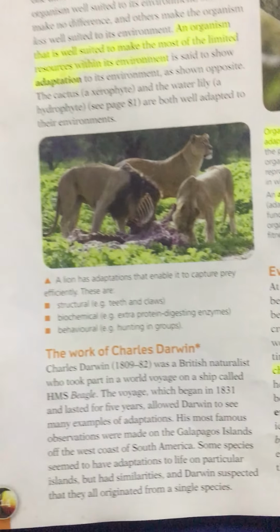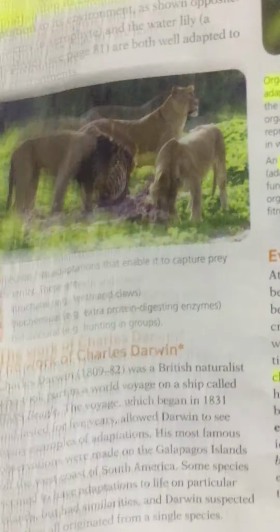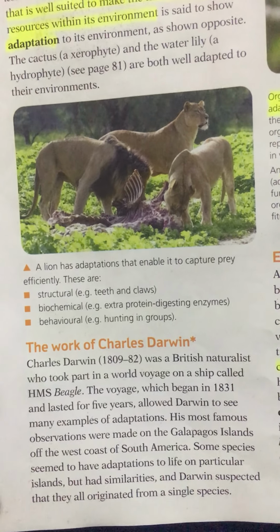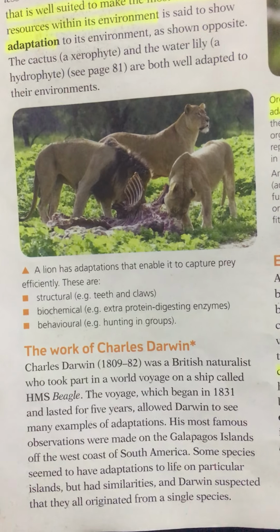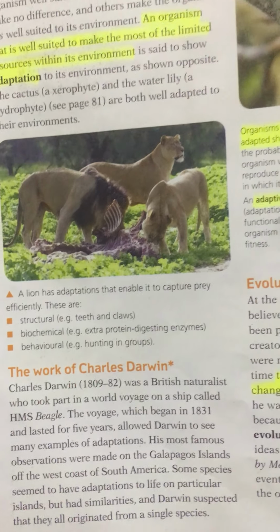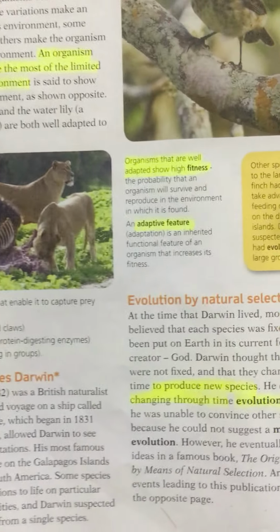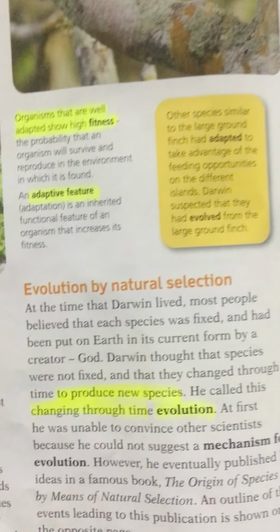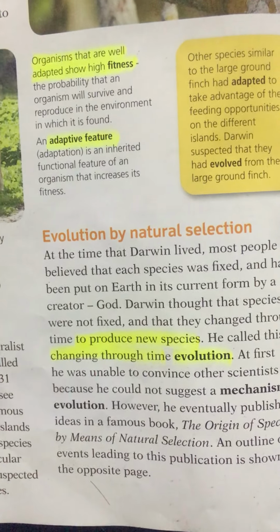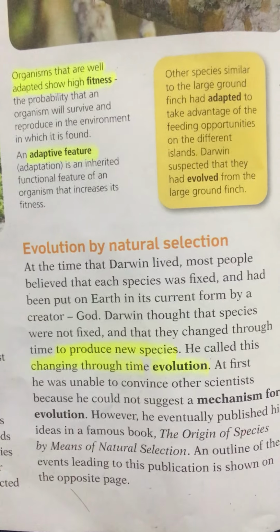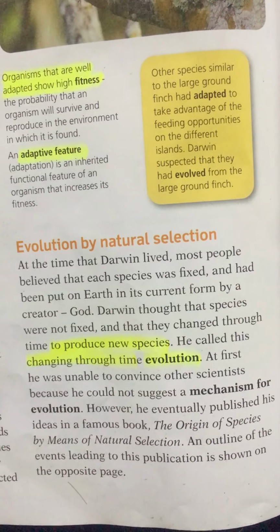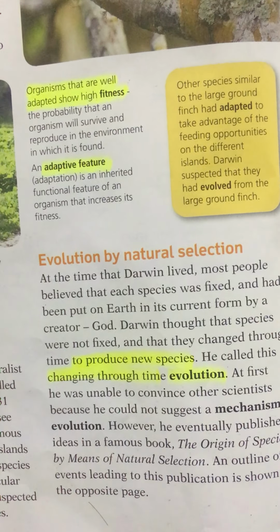Now let's know who is Darwin. Actually, Charles Darwin was a British naturalist. He has an idea that, in general, we have evolution to produce new species.